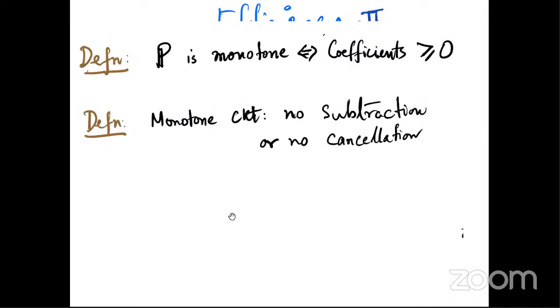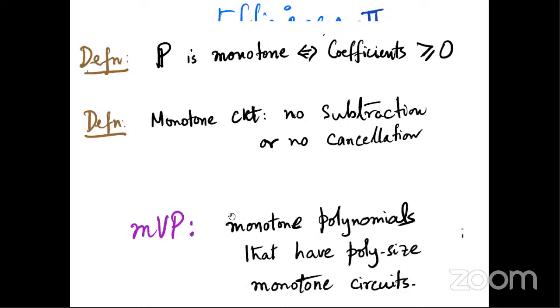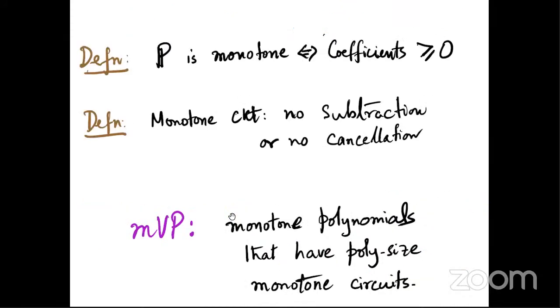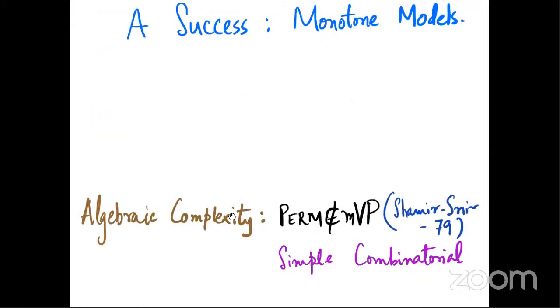And so we define circuits which are monotone circuits where we do not allow any subtraction or cancellation. So these are circuits where no negative numbers are involved. And this defines the class of monotone VP, which is all monotone polynomials that have polysize monotone circuits. Now, we have had great success in proving lower bounds against this model.